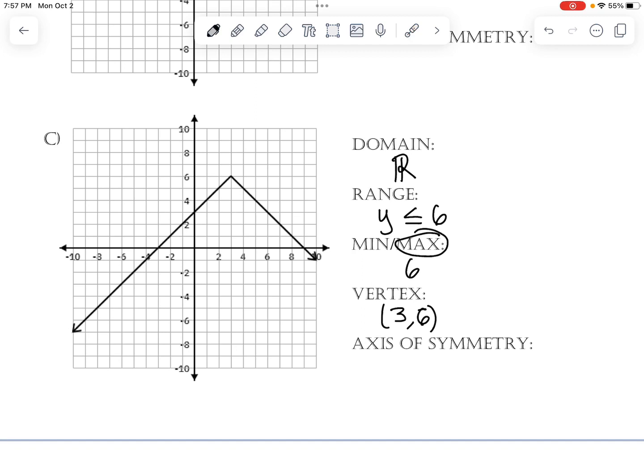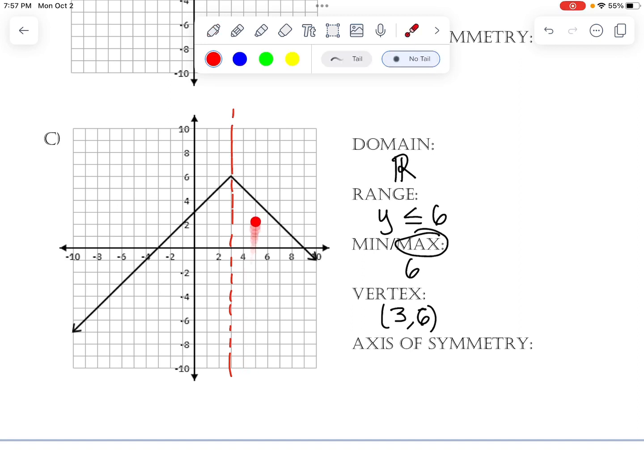Now, the axis of symmetry, I know a lot of y'all talked about in Algebra 1, is an imaginary vertical line that goes straight through our vertex and splits our graph in half. The equation for any vertical line is x equals a number, because it is telling us I have all of the y values at this particular x value.